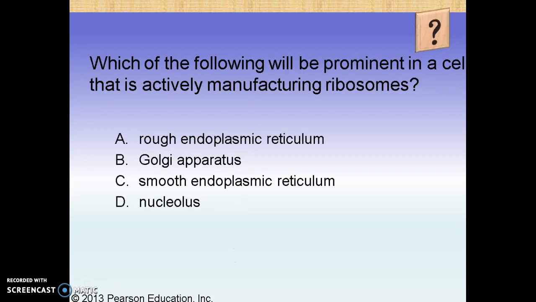Which of the following will be prominent in a cell that is actively manufacturing ribosomes? It's making a lot of ribosomes. Well, ribosomes are made in the nucleus, in the little nucleus, the nucleolus.